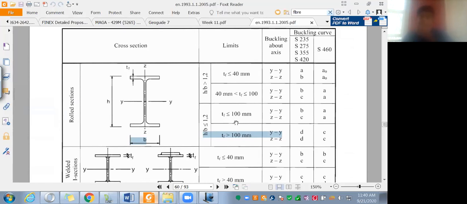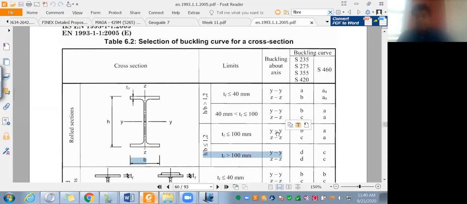Okay, so H over B, because it's a column, and for the UKC it's 152 by 152, so it is less than 1.2. For this category, the YY axis is the strong axis and ZZ is the weak axis. So we need to choose the buckling about the ZZ axis, the weakest axis. The curve is C here.